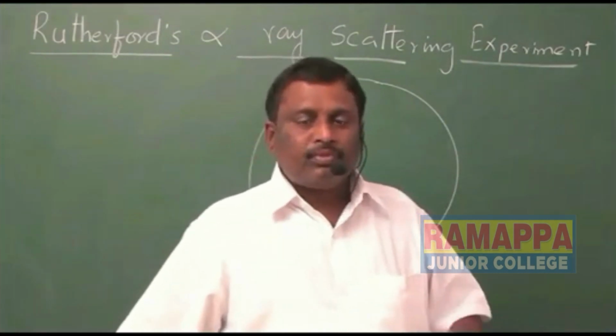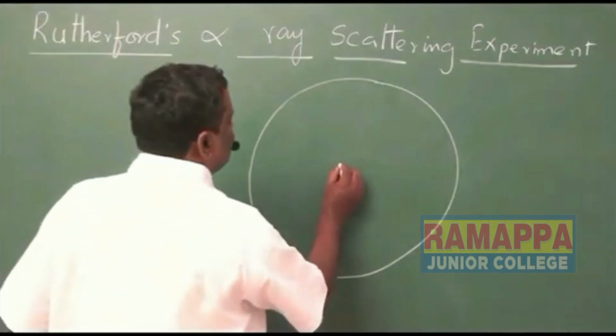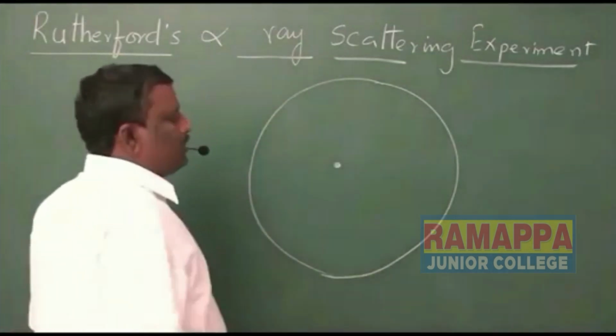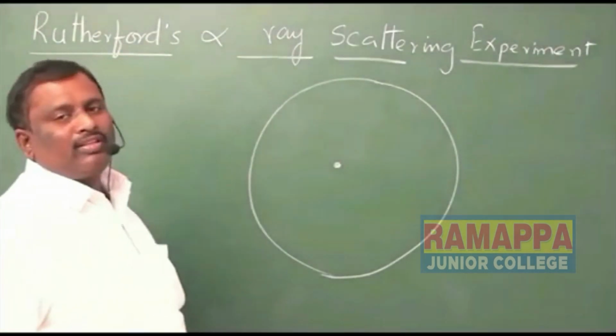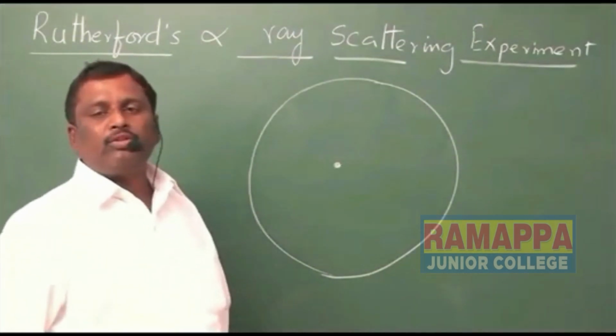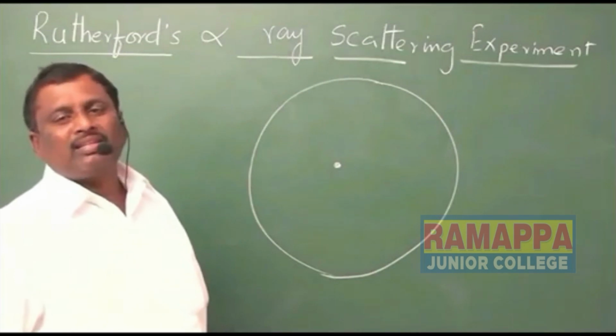That means the whole positive charge and mass of this atom is concentrated at a minute point. This minute point is said to be the nucleus, and probably this nucleus is present at the center of the atom.